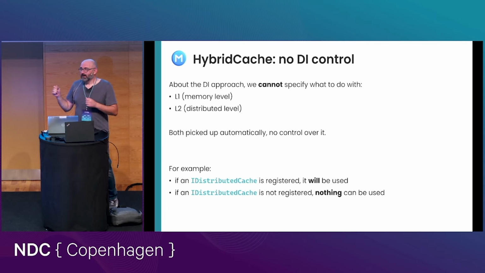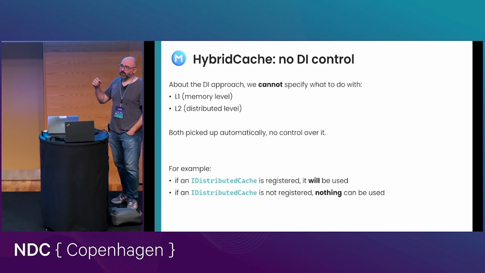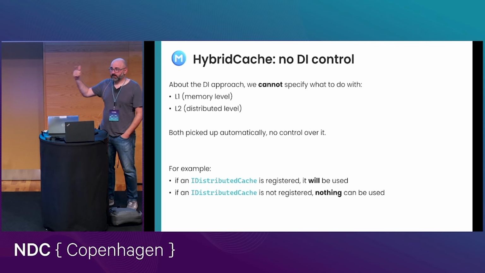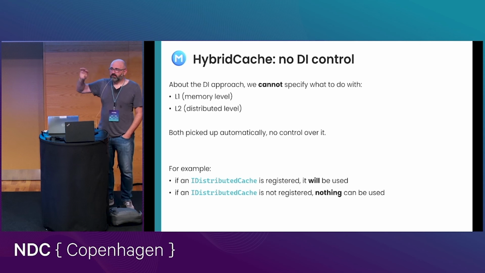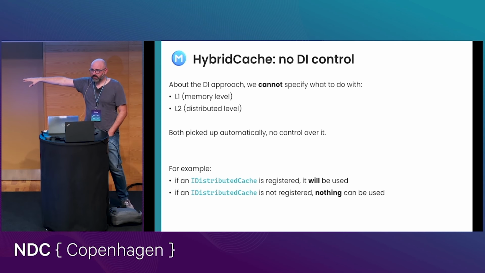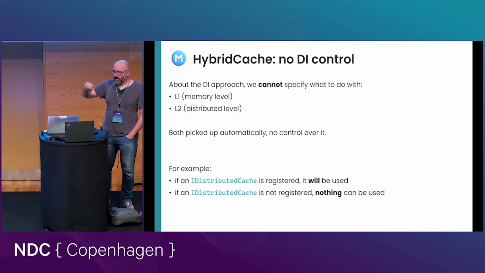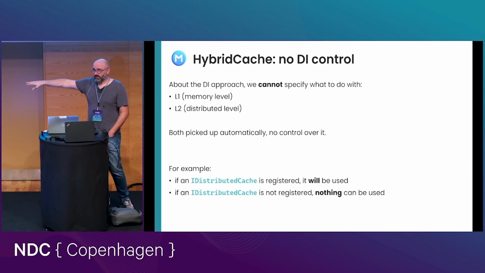For example, you cannot have control during setup over what happens with L1 and L2, the memory level and the distributed level, meaning it will look into the DI container and whatever it finds, it will use that. If there's an IMemoryCache, that's your L1. You cannot use another one. You cannot configure that differently. And if it finds an L2, an IDistributedCache service, that's your L2.